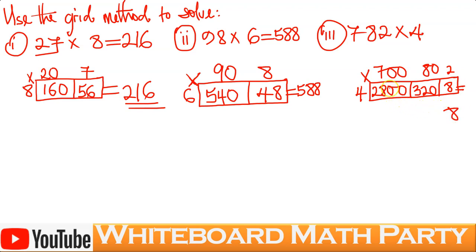And then 2 is going to give us 2. Then 3 plus 8 is going to give us 11. So I'm writing 1, I'm taking 1. 1 plus 2 is giving us 3. So the answer for multiplying 782 by 4 is 3,128. This is a simple way to apply the grid method.